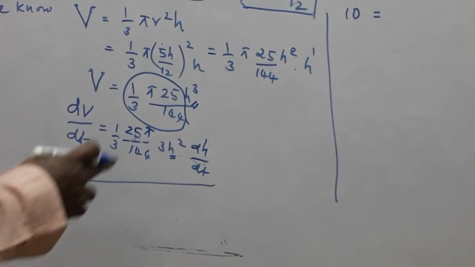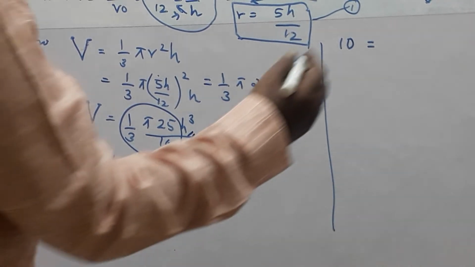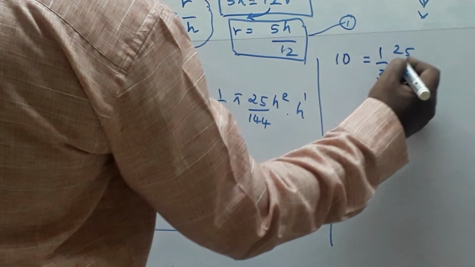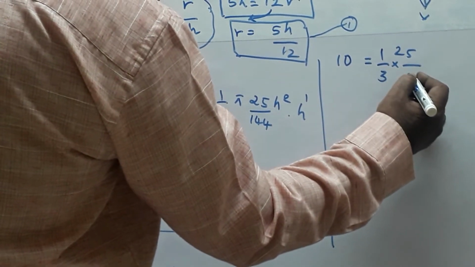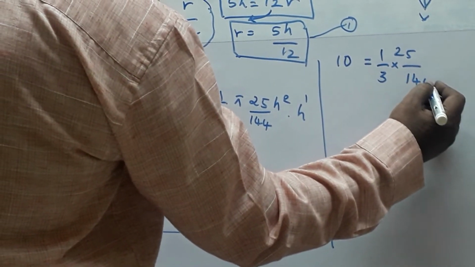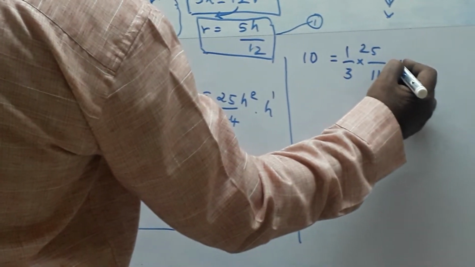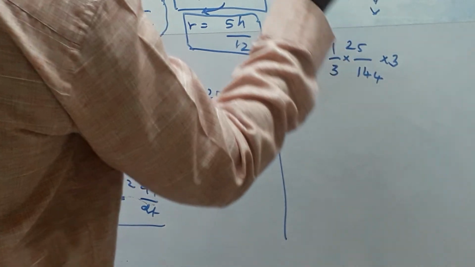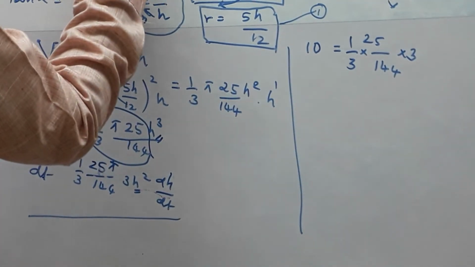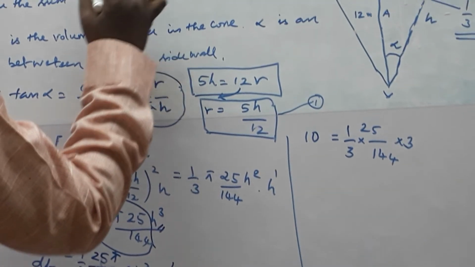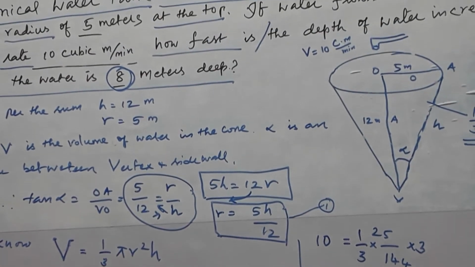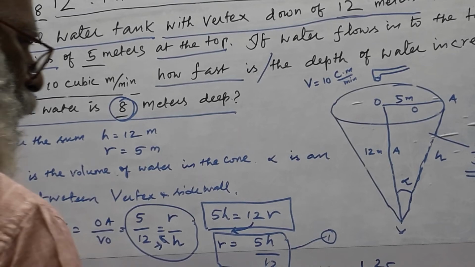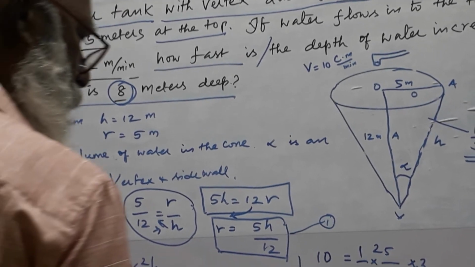Then one-third, 25 pi by 144, then 3h square. And what they need to find out is how fast the depth of the water increases at h equal to 8.